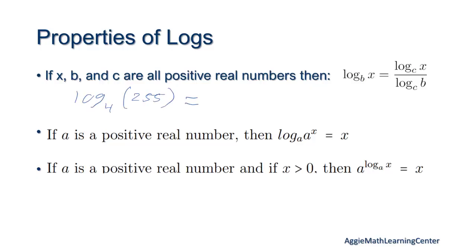And so then what you have to do is you would use this formula where you have log base c, and so the calculator has log base 10 of whatever is inside the log divided by log base 10 of whatever the base of the log is. And then you can plug that in your calculator and get your decimal approximation. So this one is important to know for the CBE for sure.